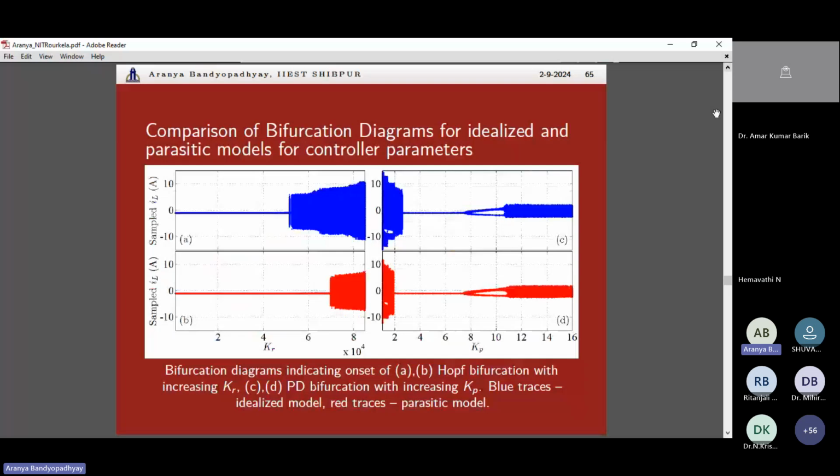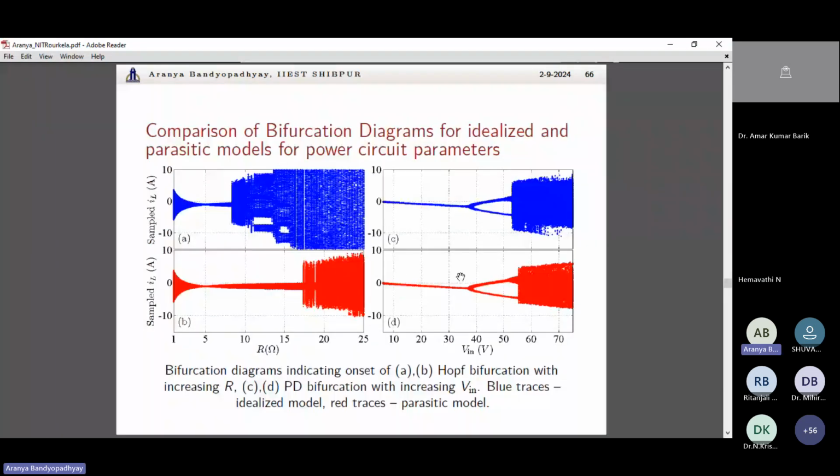Can you see when the period doubling bifurcation occurs, what happens? Suppose at this stage, the only dominant frequency was 20 kilohertz, say the switching frequency. But at this stage, in addition to the 20 kilohertz, a 10 kilohertz frequency also comes into place, right? And we'll have to eliminate that frequency component.